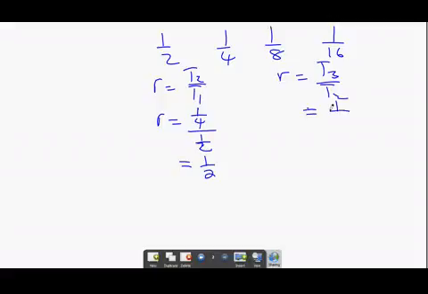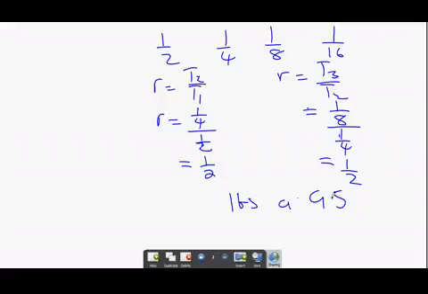T3 is 1 over 8 divided by T2, which is 1 over 4. And when I divide this one, I will also get 1 over 2. Then this is also a geometric sequence.